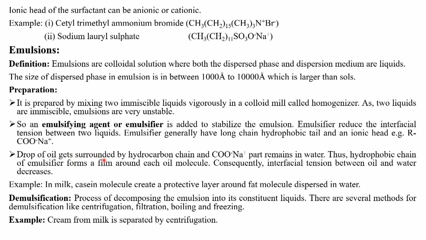A drop of oil gets surrounded by the hydrocarbon chain and the COO minus part remains in water. Thus, the hydrophobic chain of the emulsifier forms a film around each oil molecule. Consequently, interfacial tension between oil and water decreases. An example is milk, where casein molecules create a protective layer around fat molecules dispersed in water.